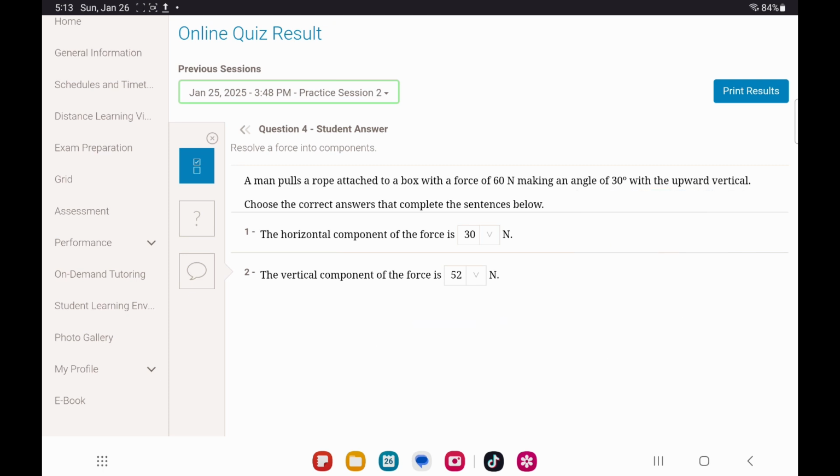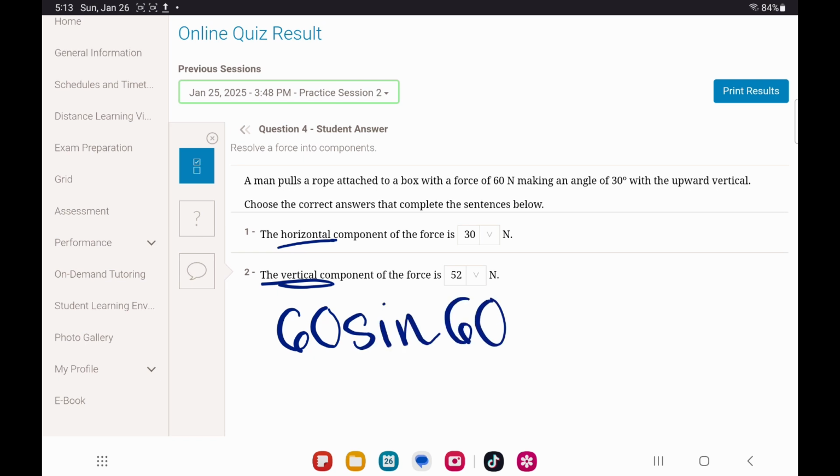So horizontal component, cosine. So 60, which is the force, cosine 60. On your calculator, you get 30. Then for vertical, which is sine, so 60 sine 60, because that's the angle we found.